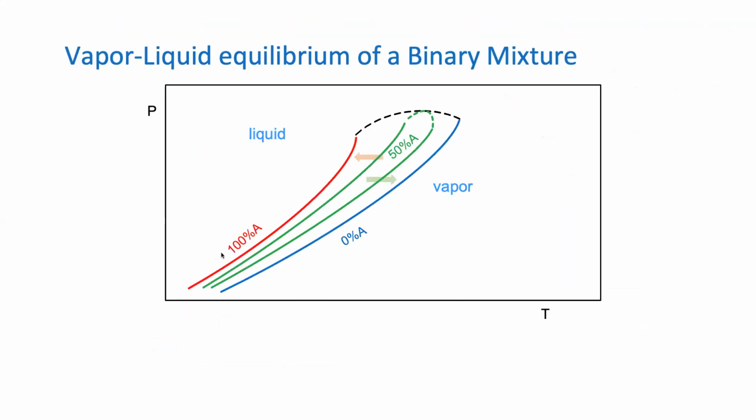For 100% A, or 0% B, we use the red one. For 0% A, which is 100% B, we use the blue one. If we mix them together 50%, 50%, then we have this line and those areas. So it looks like an envelope, maybe like this.